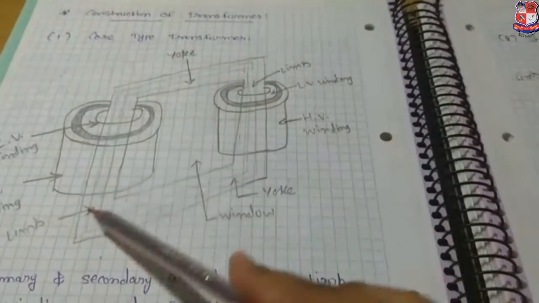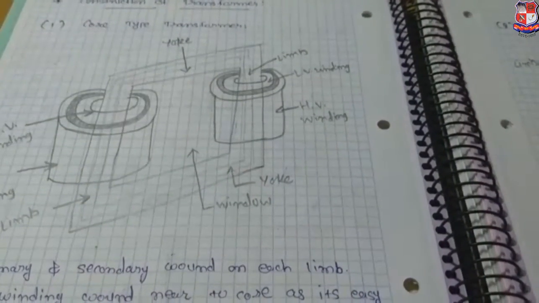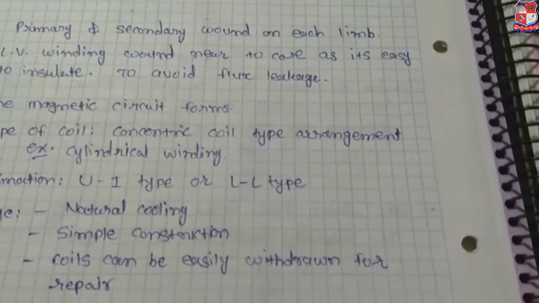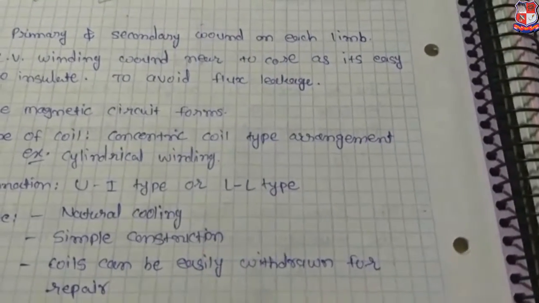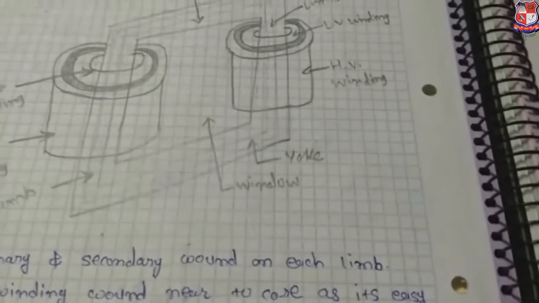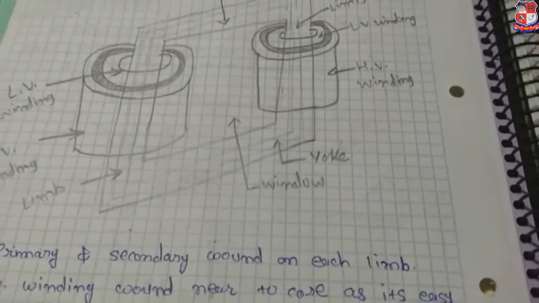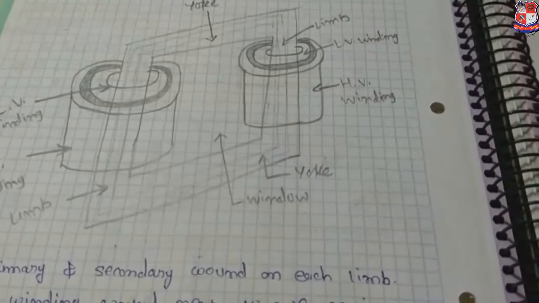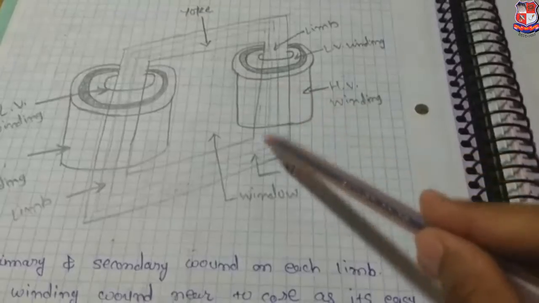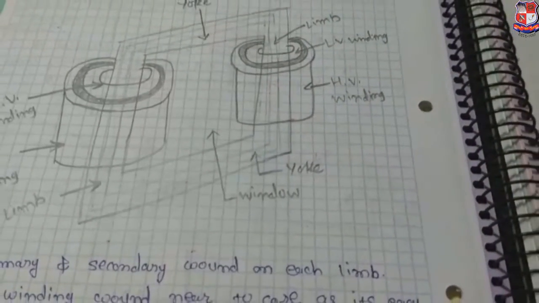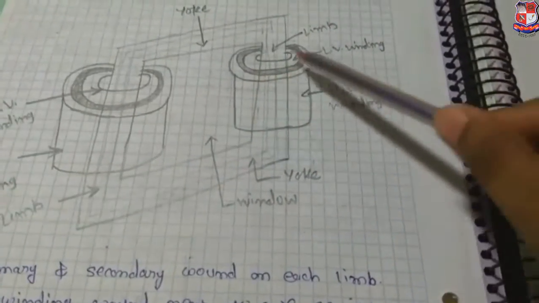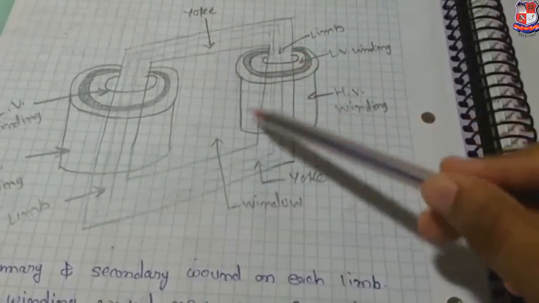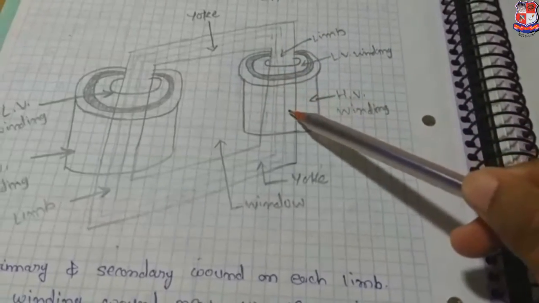Simply these windings are wound on two limbs, so the construction will be simpler, and coils can be easily withdrawn for repair. That means if any fault condition happens and we want to remove these windings, we can easily remove only one portion. Let us say there is a problem in the second limb winding, so we only need to remove this winding and we can repair it easily.